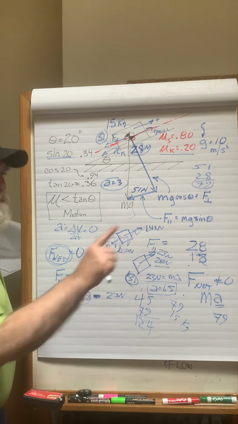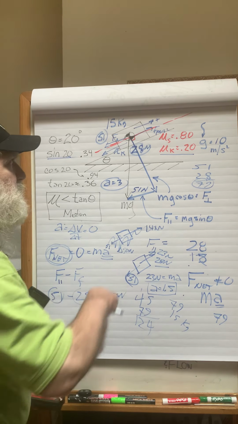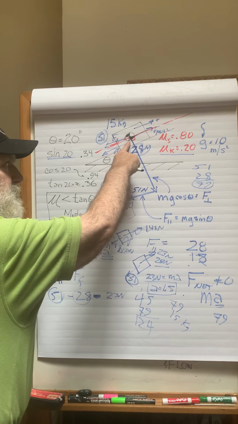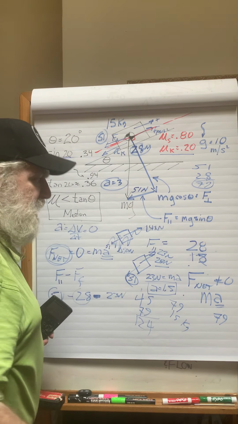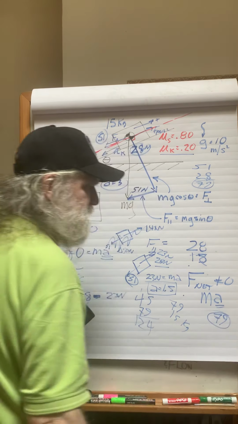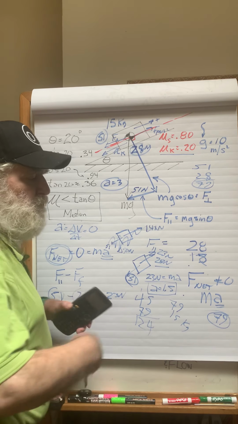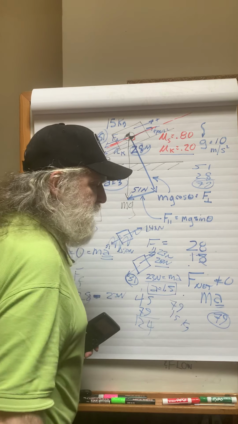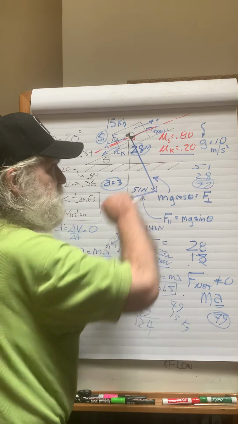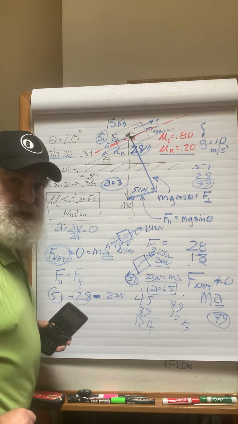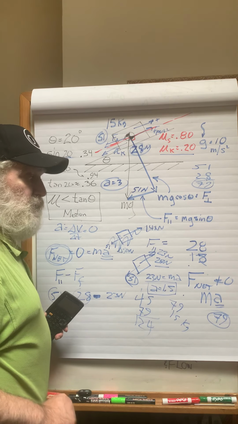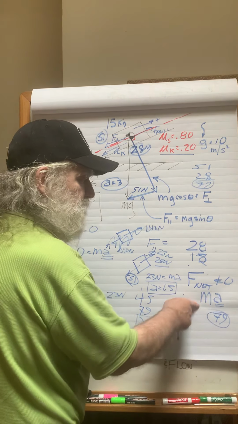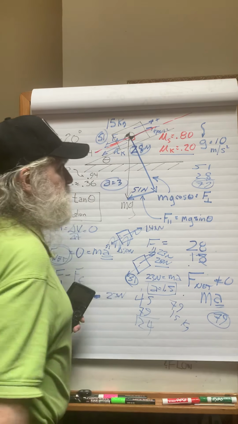When you're moving up the plane, the calculation's pretty easy because you calculate the parallel force caused by gravity and the kinetic friction force, add those together, and that gives you what you need to overcome those forces. Anything extra goes into MA. Pull with 79 in this particular case, and you move up the plane at constant velocity. If you want to accelerate up the plane at 12 meters per second squared, it's 12 times 15 plus 79.